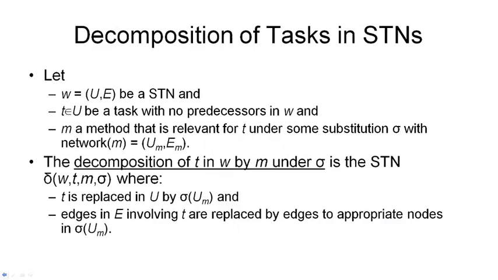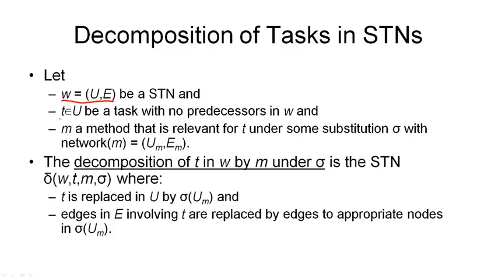Now that we understand how to decompose a single task in isolation, we will look at how to decompose tasks that are in a task network. So we start with the task network W consisting of nodes and edges, where the nodes are tasks and the edges are ordering constraints.